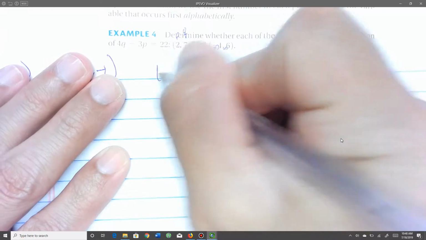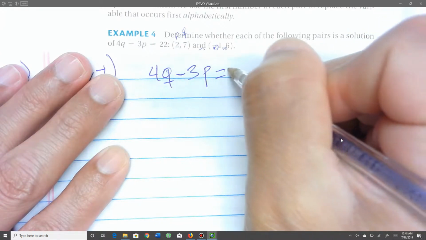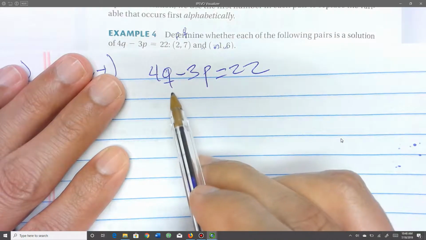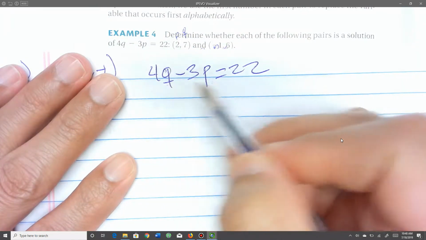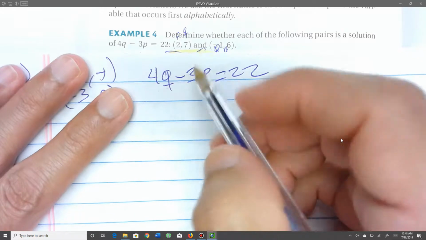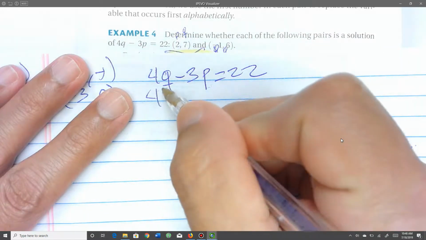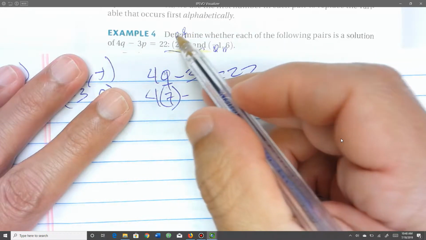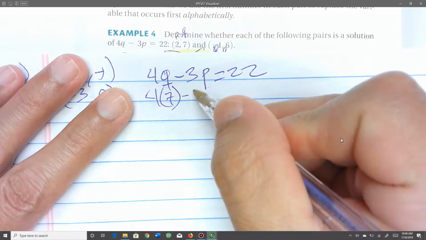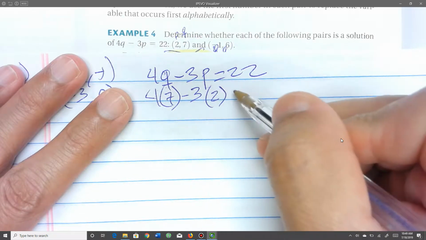What I would do is rewrite the equation on my paper, the whole thing, equals 22, and then substitute right underneath, because this way I can tell exactly where I need to substitute. Since I know that Q is 7, I will substitute that in here for the Q. And since my P is 2, I will substitute that here for the variable P.